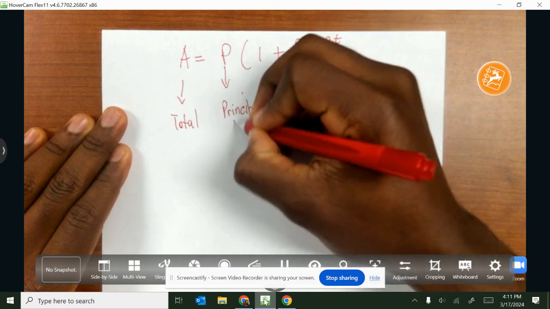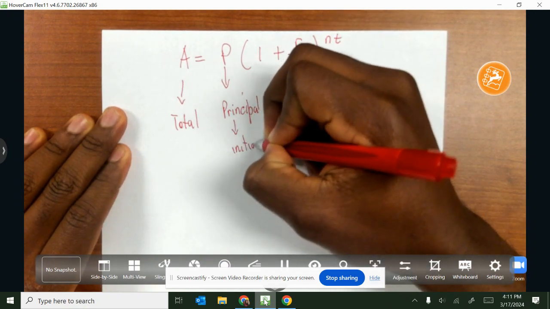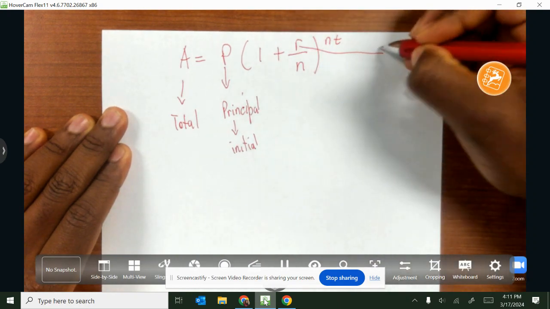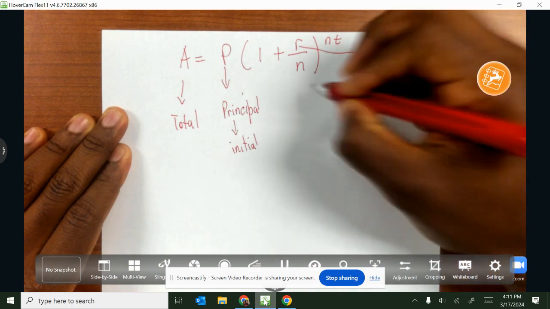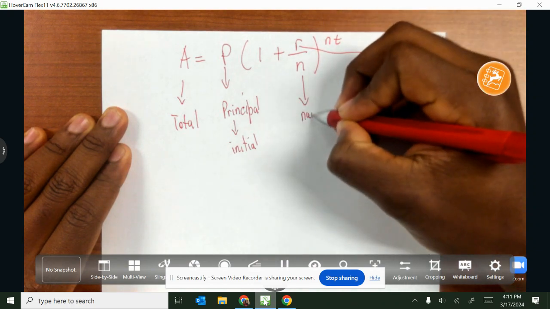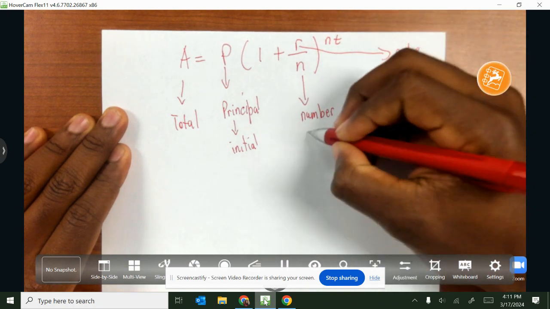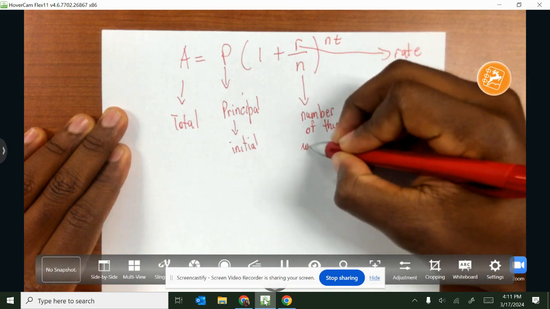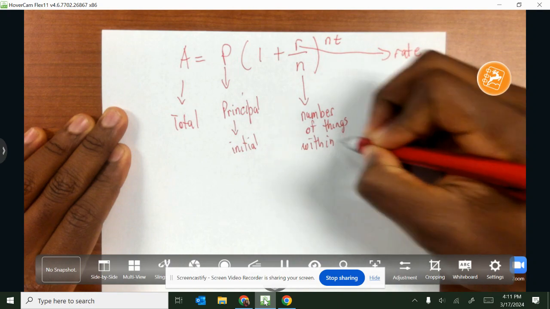R we know is our rate. N is the number of things, which I showed you guys before. So number of things within the set.